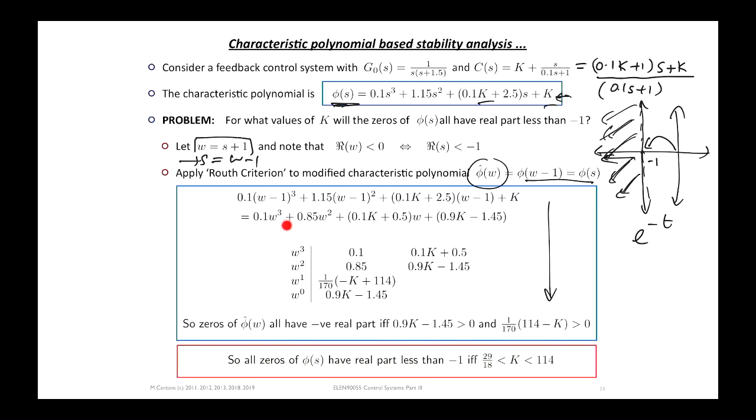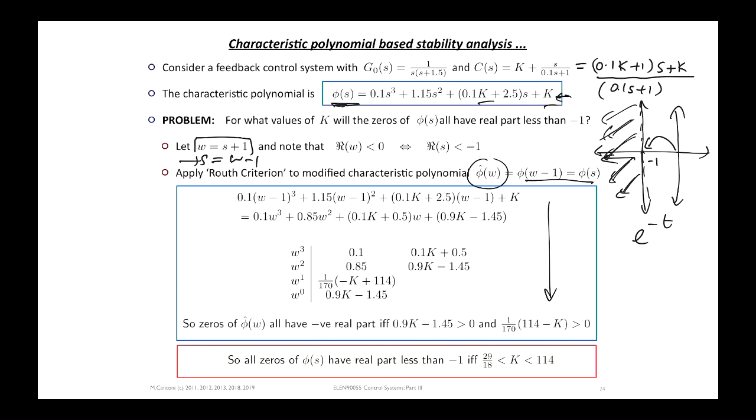But the values of W that make this 0 are related to the values of S that make this 0 via this transformation, okay, in the obvious way. So if we satisfy the stability criterion here, it tells us that all the zeros of this lie to the left of the W plane's imaginary axis, which is this guy here, which is the same as saying all the zeros of this lie to the left of -1 in the S plane.